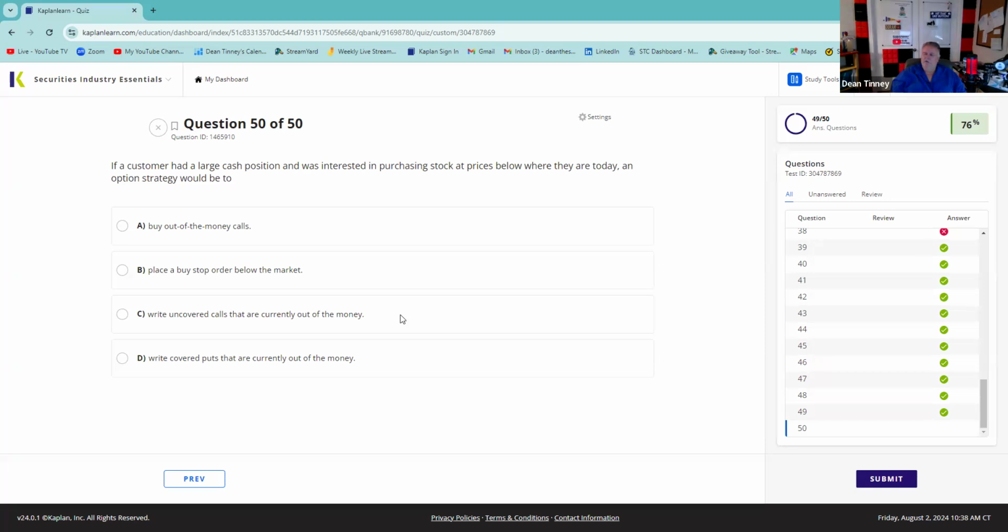We can sell the 220 puts. We can oblige ourselves to buy Apple at 220 with the stock at 217, and you can get 6 points for that. If we get exercised, we'd be paying 214 for the Apple, because we pay 220, but remember, we got 6 up front.